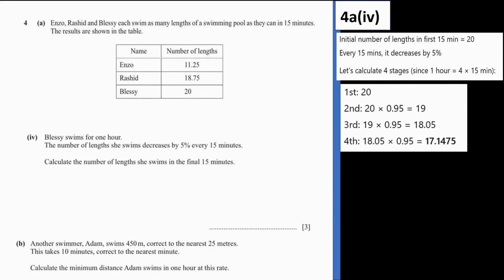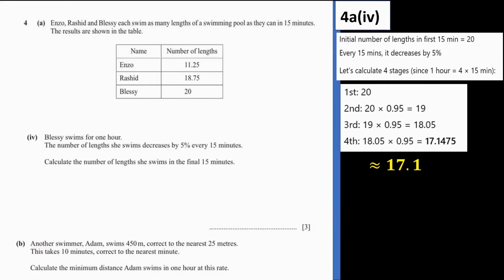When we have a floating decimal, we are required to write this to 3 significant figures, and that will give us 17.1. And so that takes care of the solution to question 4AIV. If it's not clear, you can replay this video again and again until this concept is clear.